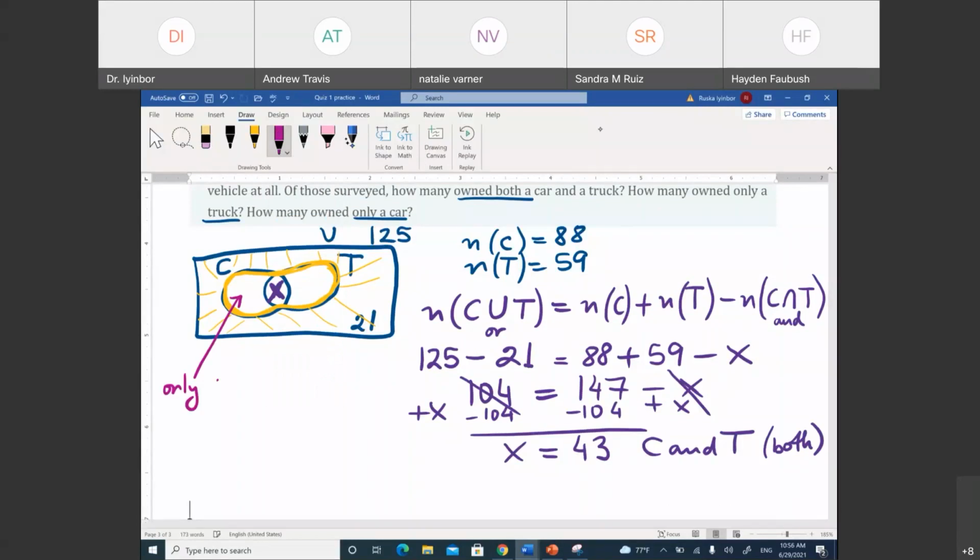What is it? 88 minus 43, that's right. It's going to be 88 minus 43, which is going to be 45. Okay.